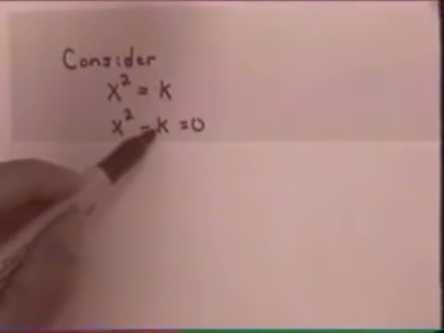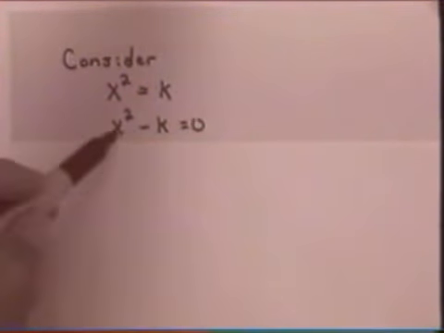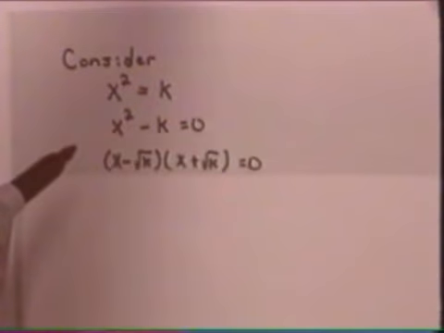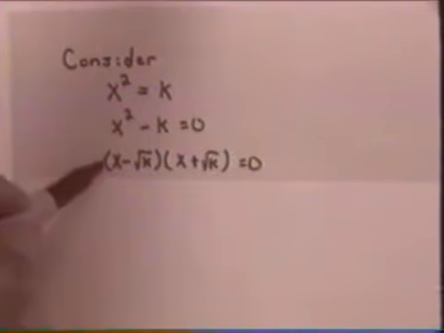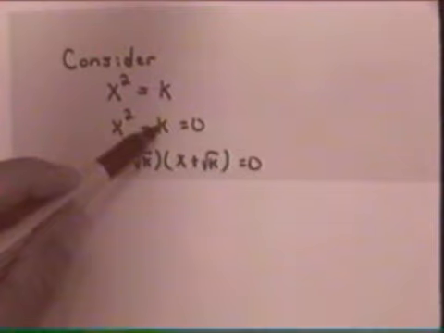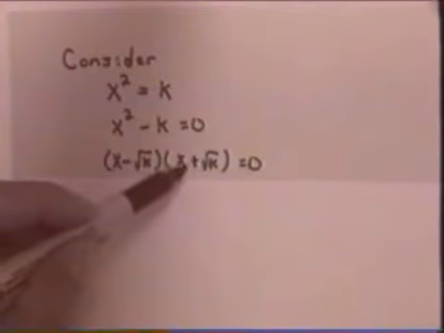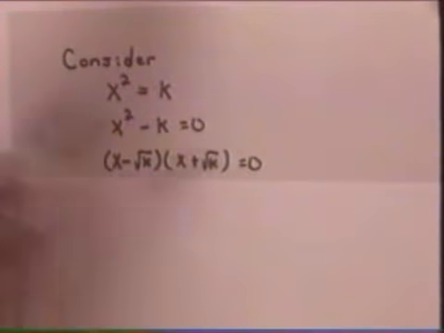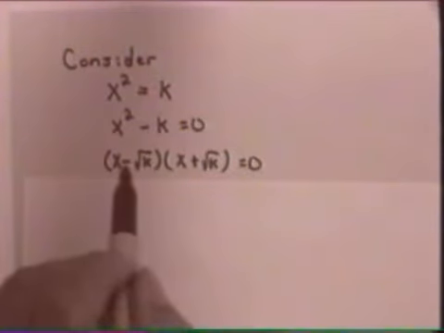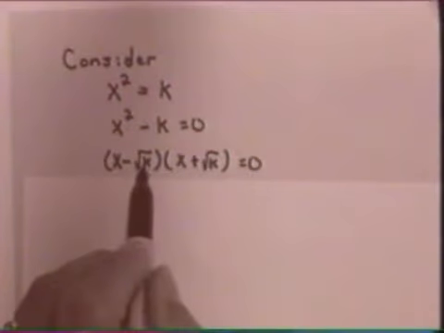Now I can pretend that k is a perfect square and factor it as the difference of two squares. The square root of x squared is x, and I'll write the square root of k using the radical notation. So it would be x minus the square root of k times x plus the square root of k equals 0. So I simply factored x squared minus k by using the difference of two squares and using the radical notation to denote the square root of k.